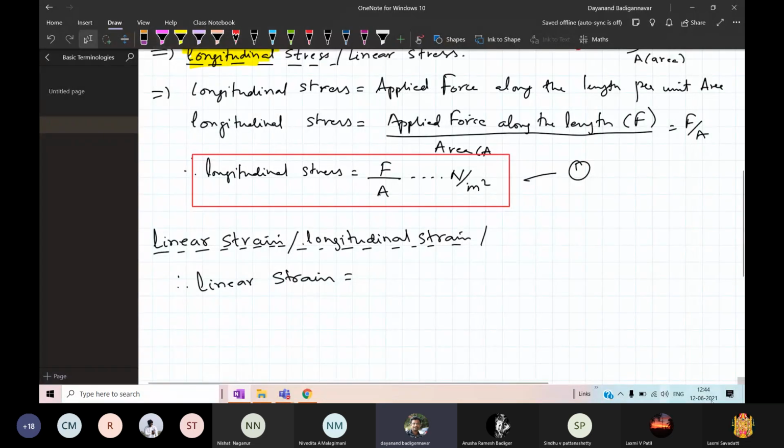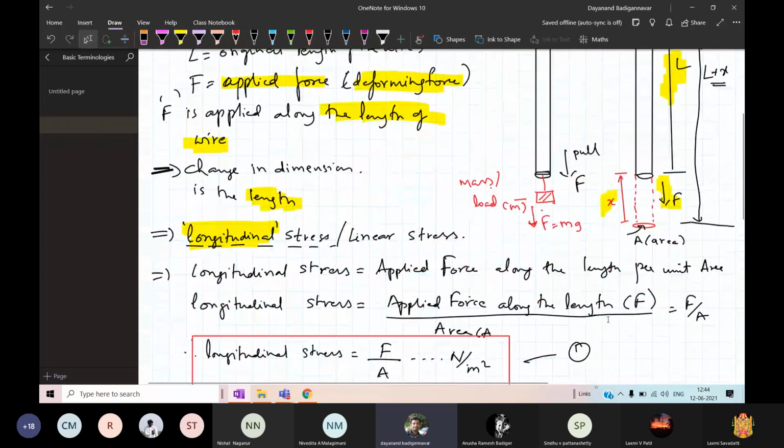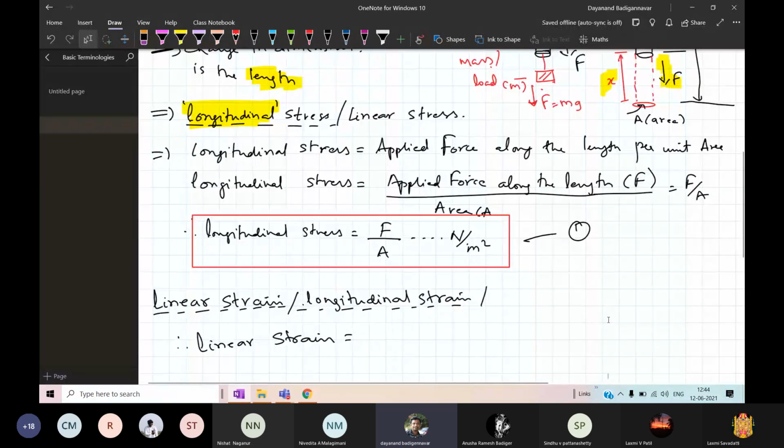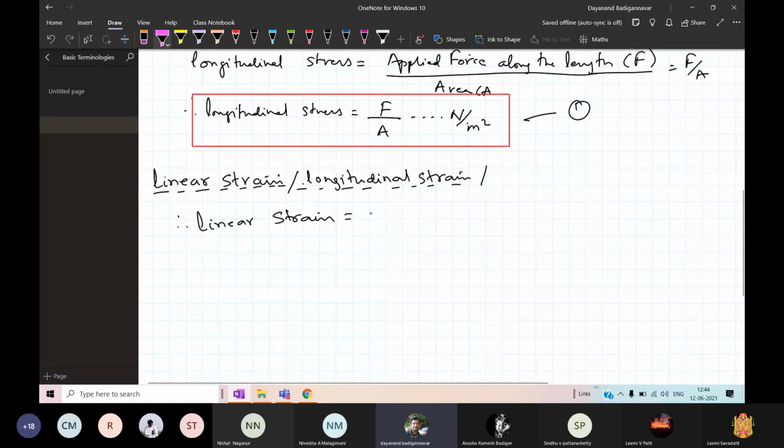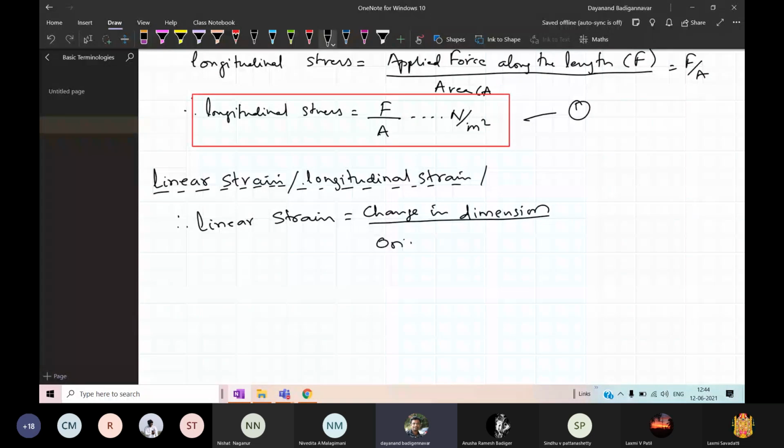Now here, what is the dimension that has changed? Is the length changed, area changed, shape changed? Here the change is in the length. So first I will write the definition: change in dimension to the original dimension. This is the formula.